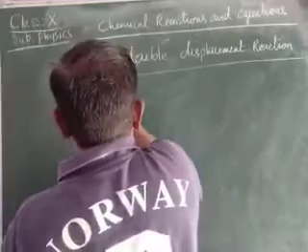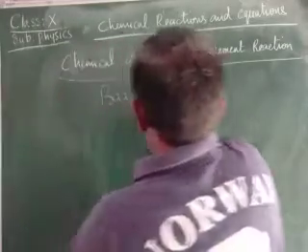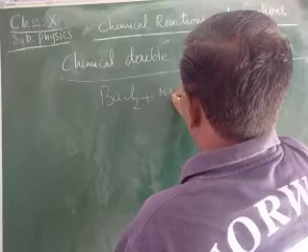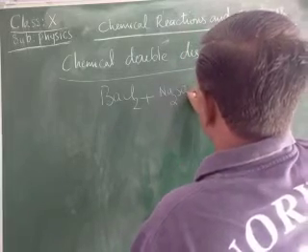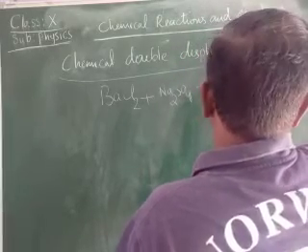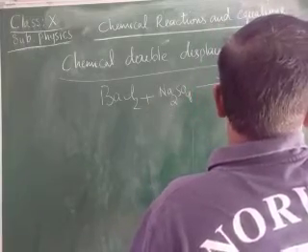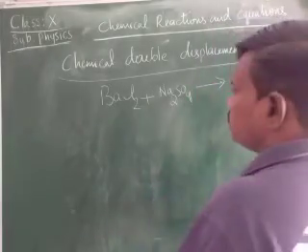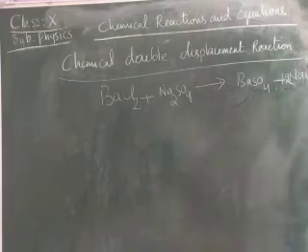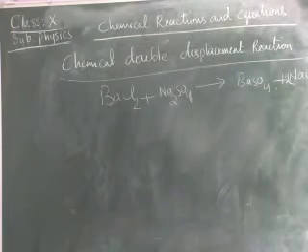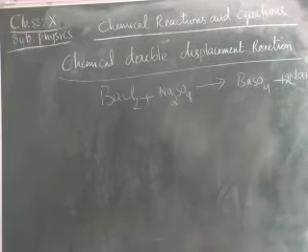Barium chloride, when reacting with sodium sulfate, gives a precipitate, barium sulfate, and sodium chloride.